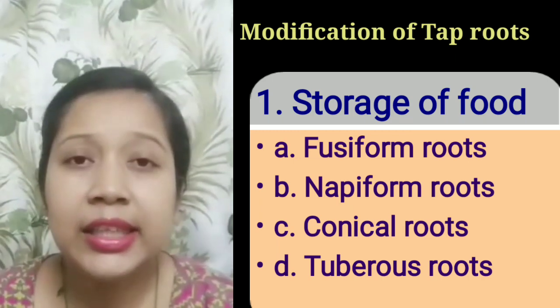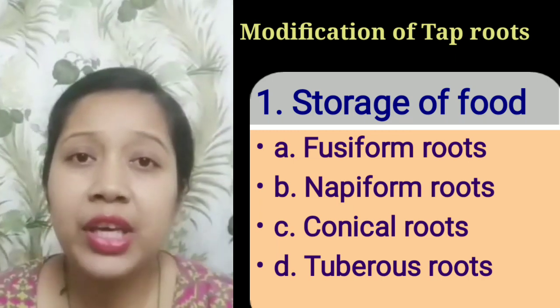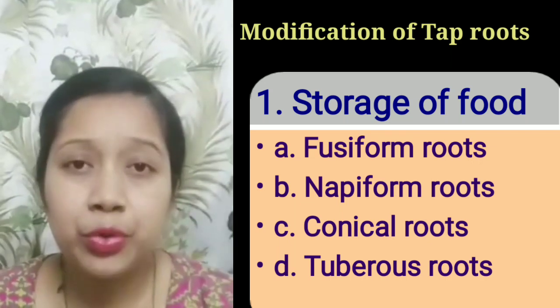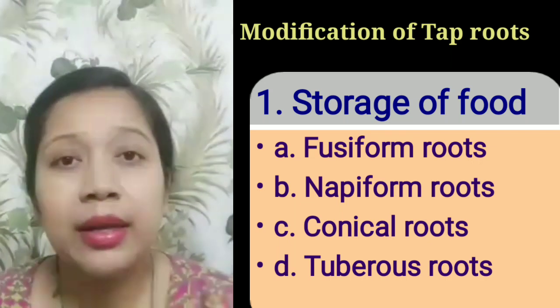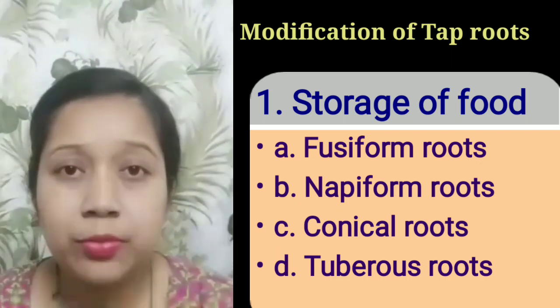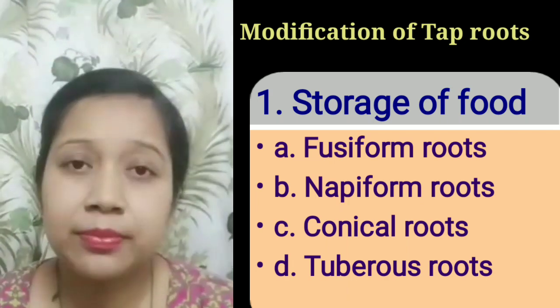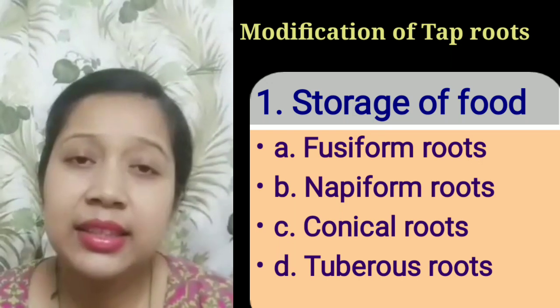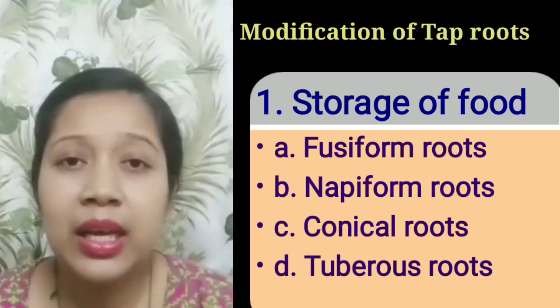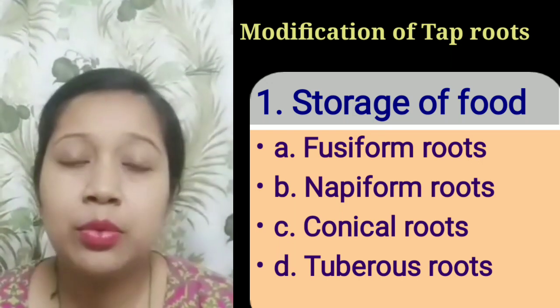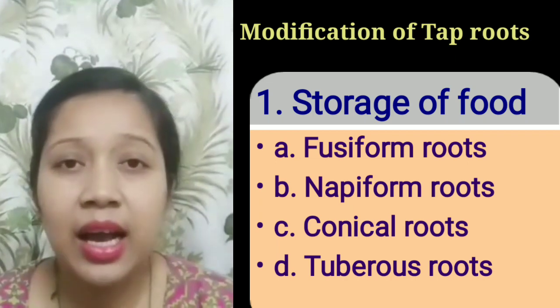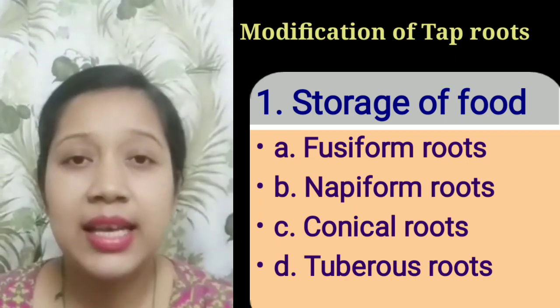These are the names of the modifications of taproot depending upon their type of growth or the shapes and the size that they attain. Now let's take examples and try to understand what type of modifications they are or why they are called as such.